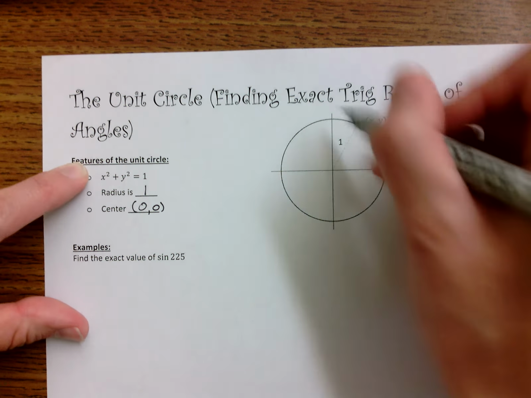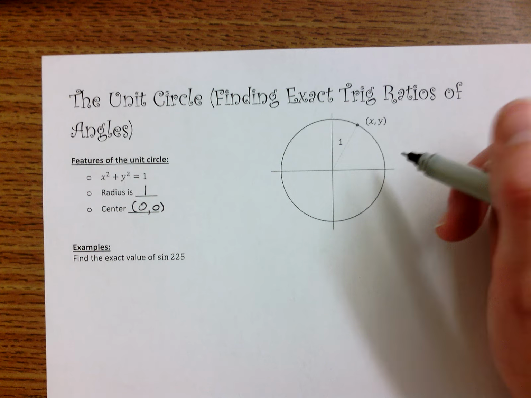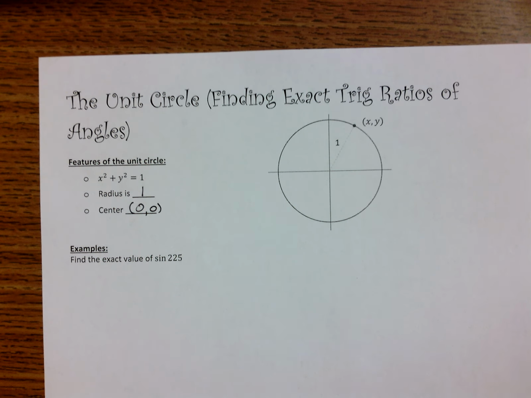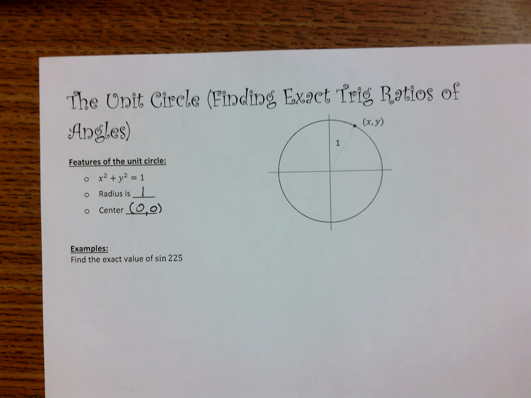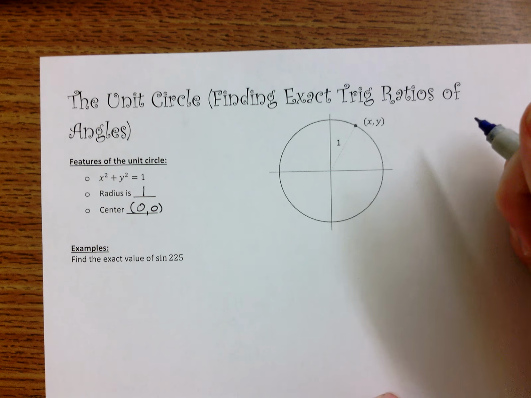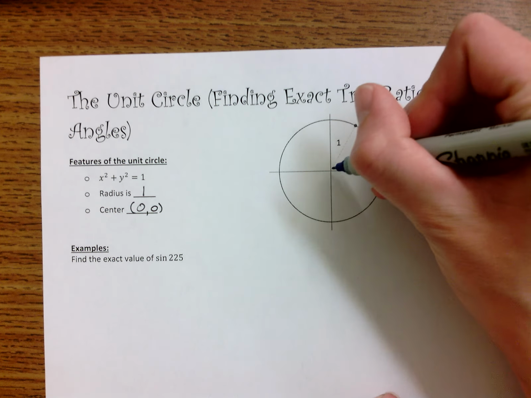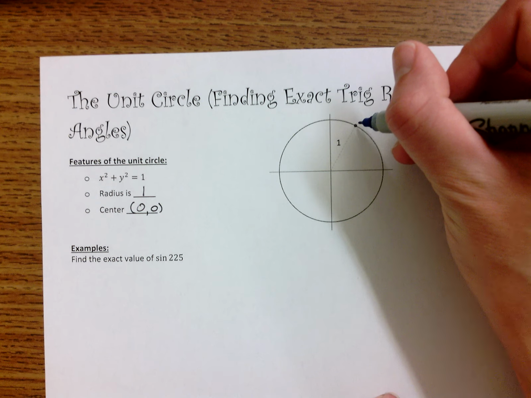So this is what your unit circle looks like. And here's why the unit circle is super helpful when it comes to trigonometry. We've got a point here that's on the unit circle, and we'll say that the coordinates of that point are (x, y). Here's the radius of my circle.